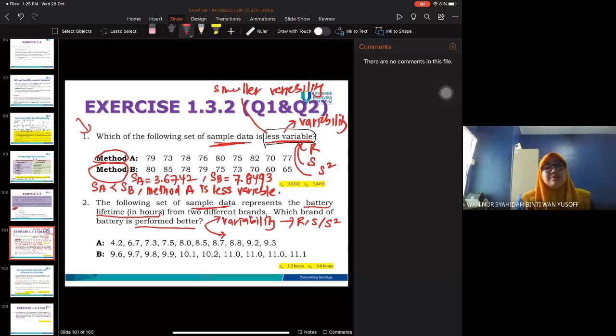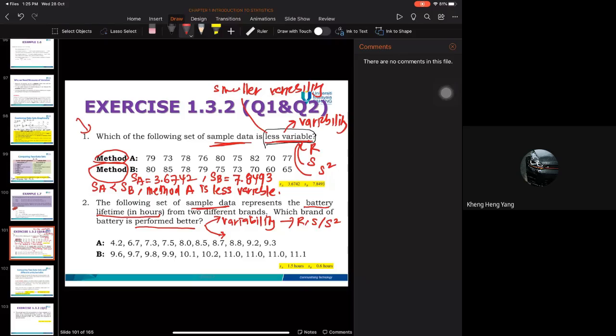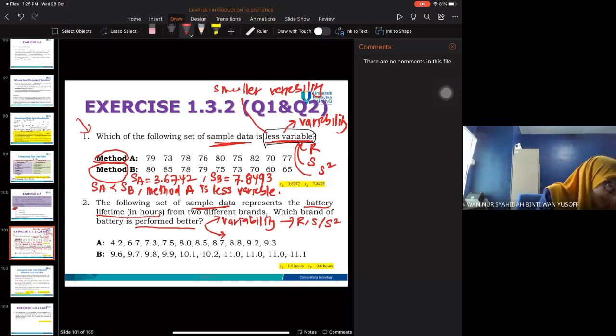Central tendency. What value of the central tendency can we calculate here? Mean. You can calculate the mean here to identify which brand of battery performs better.